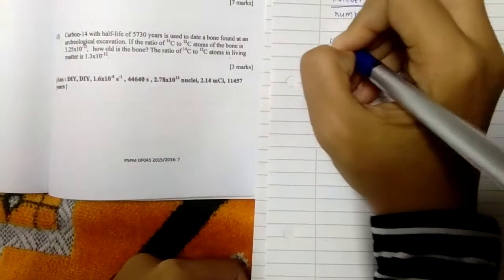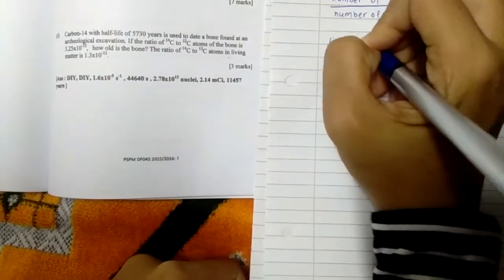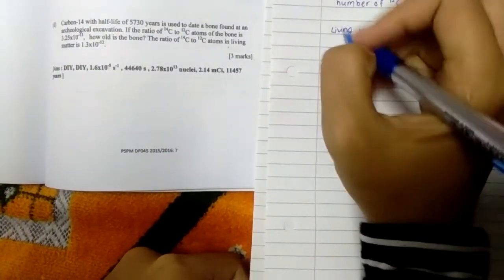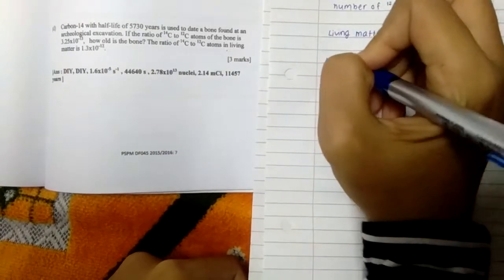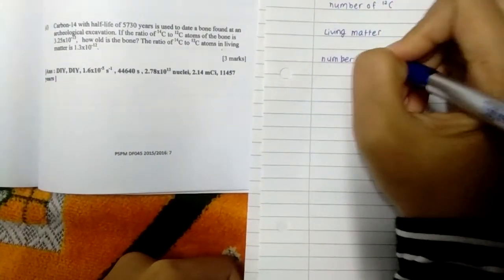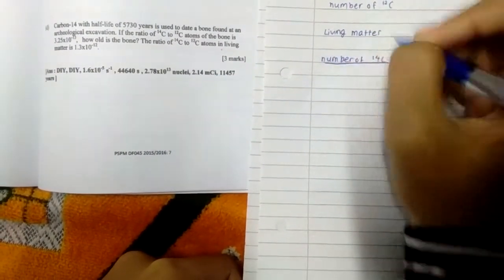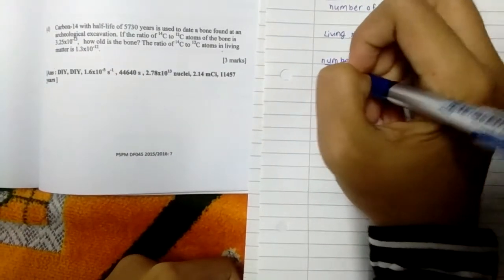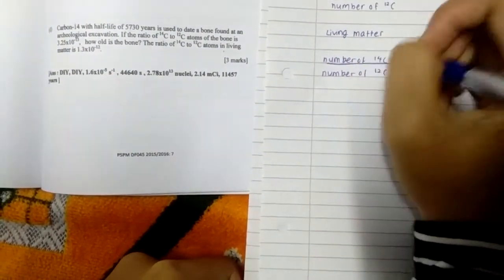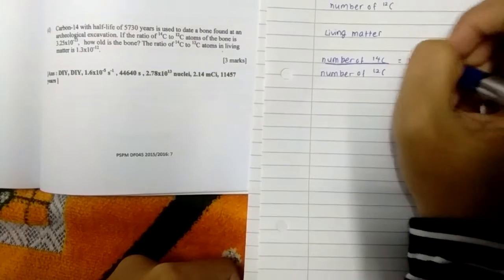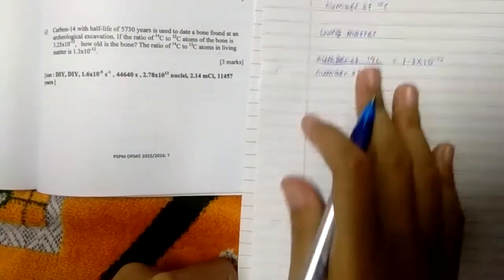And for living matter, the number of carbon-14 to the number of carbon-12 is equal to 1.3 times 10 to the negative 12.